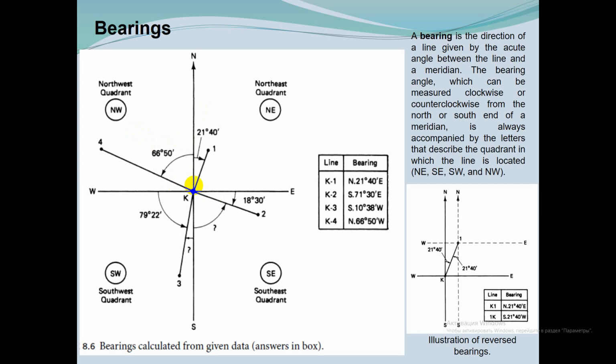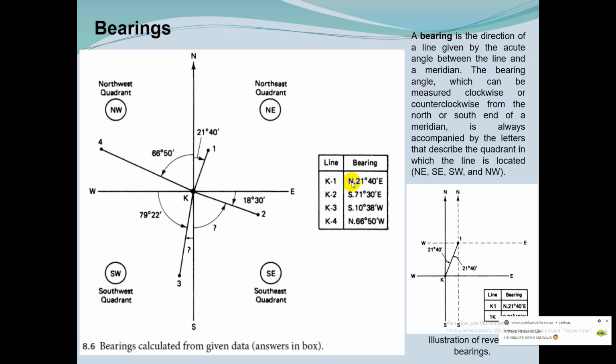The given angles for lines K2 and K3 are both measured from the east-west axis and therefore are not bearing angles. Here the given angles must be subtracted from 90 to determine the bearing angle.